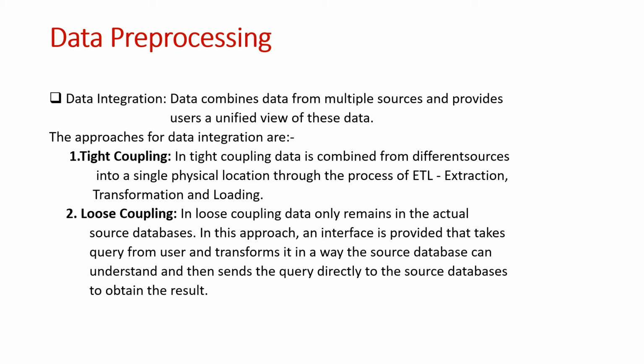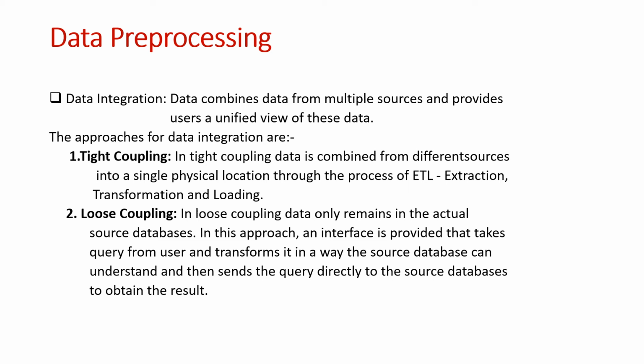In tight coupling, data is combined from different sources into a single physical location through the process of ETL. ETL is the extraction, transformation, and loading process. With these three processes, if we are combining different sources of data into a single physical location, it is called tight coupling.